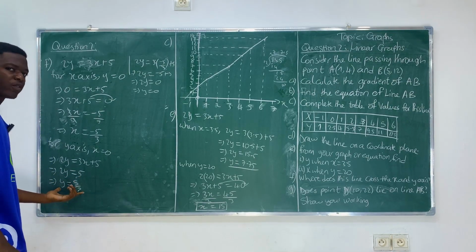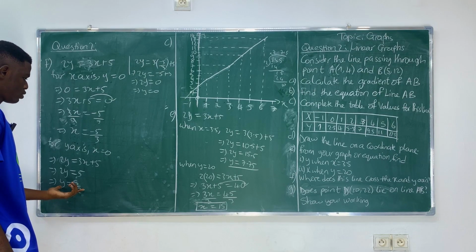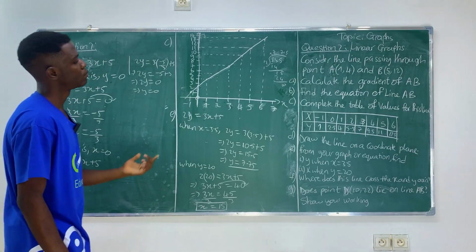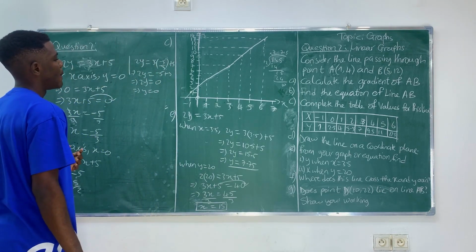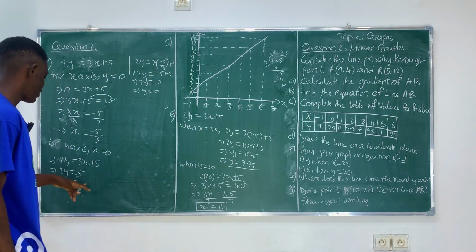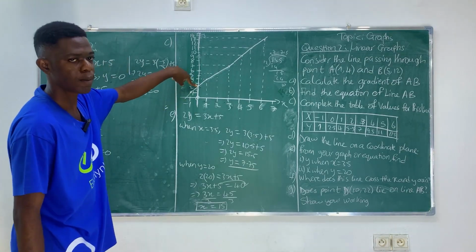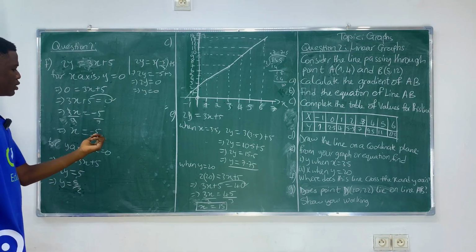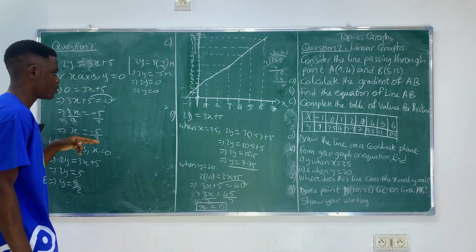And this y equal to 5 on 2 is the place where the line touches the y-axis. See, 5 on 2 is 2.5. Here we see it touches at 2.5 exactly. The same way here, it touches the x-axis at minus 5 on 3 exactly.